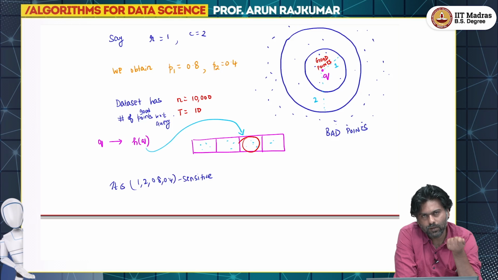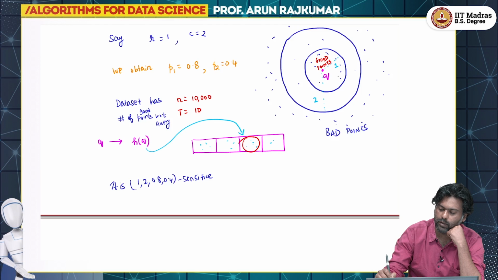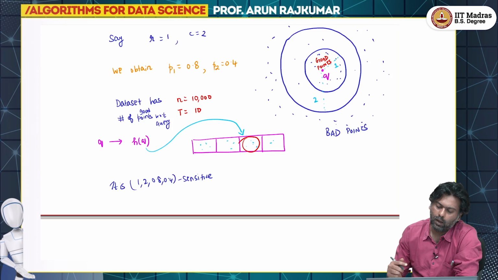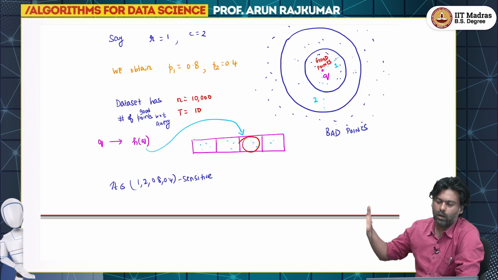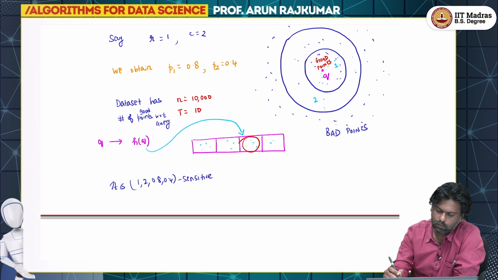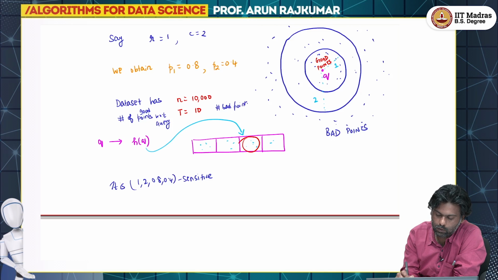And let's say this 10 is fixed. For the purposes of discussion, there are only 10 points within this circle, and let me also define the points outside the circle. The number of bad points, let's say for this is 8,000.